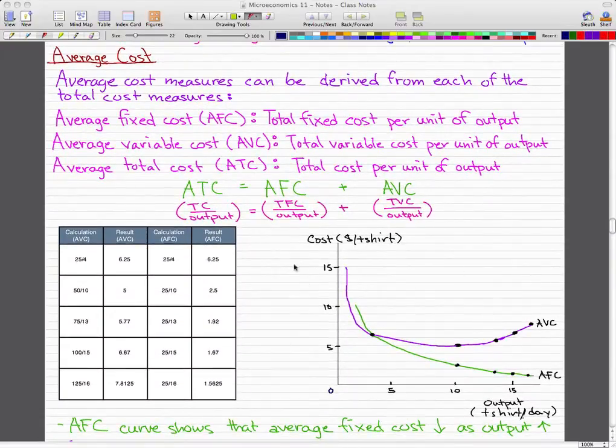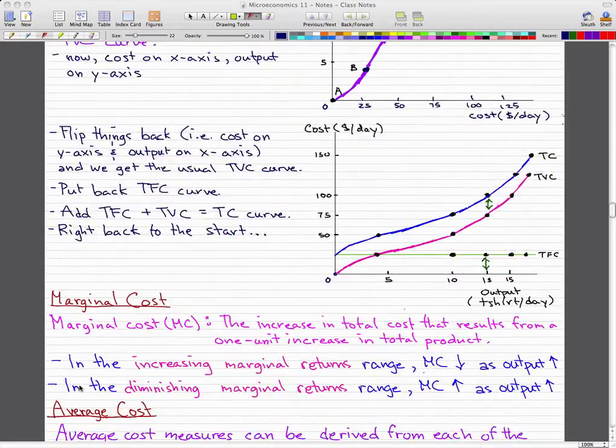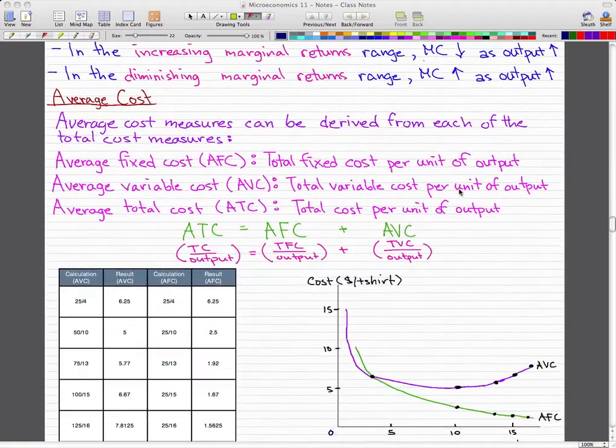So here's the graph that is represented from these calculations. So what we did is, for average variable cost, we took all these costs and divided them by the output.